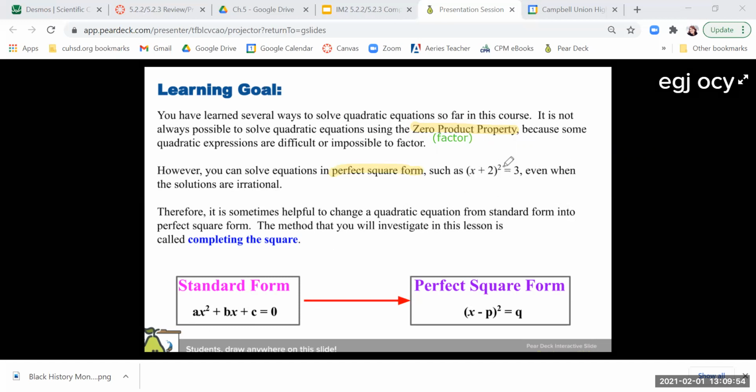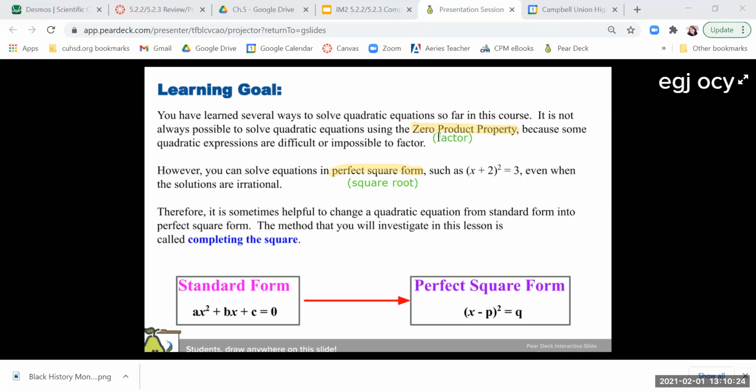Here in the second box is our perfect square form: an expression squared equal to some number. When we solve perfect square form equations, we take the square root of both sides of the equation to get rid of the exponent and isolate our x. That's what we learned last class.